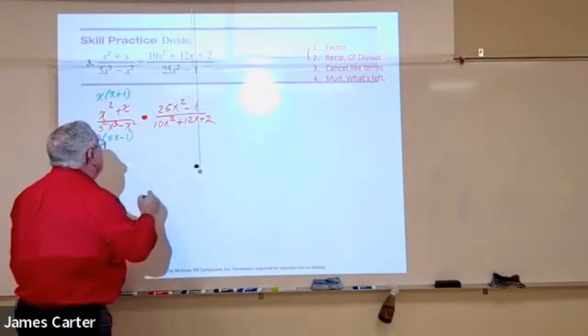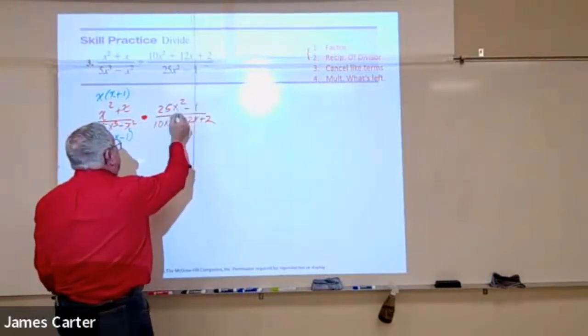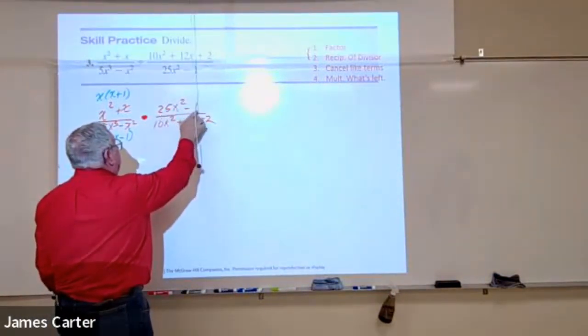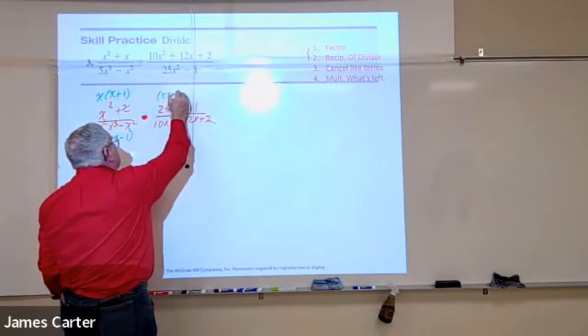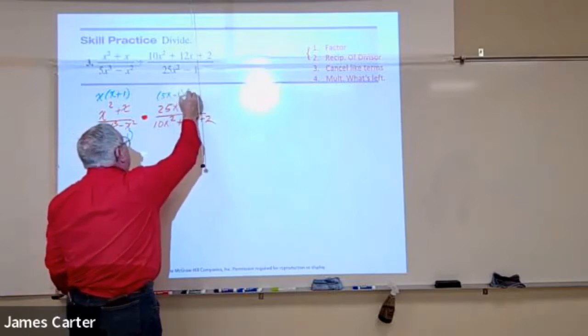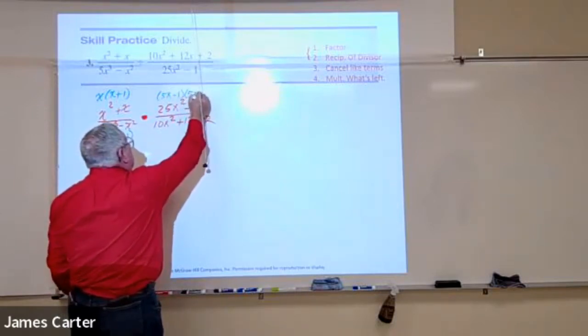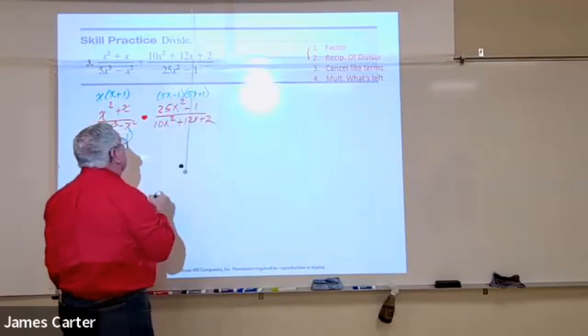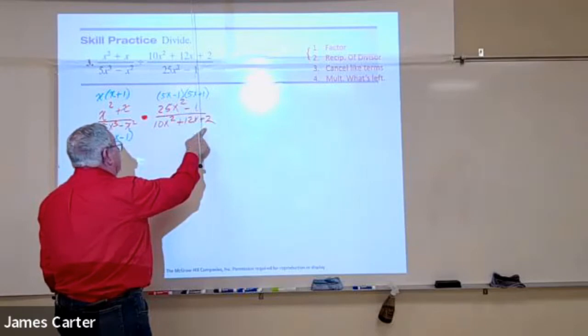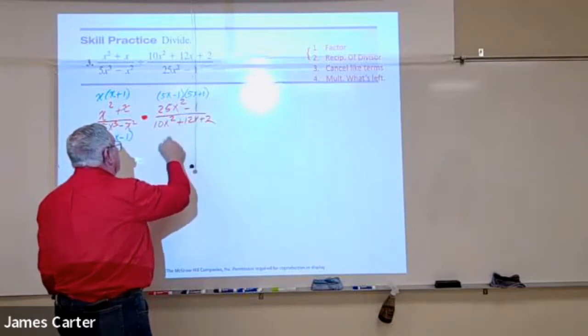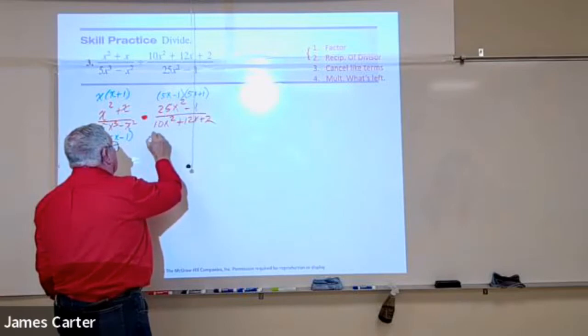This is a conjugate pair, perfect square on the front, perfect square on the back, minus in the middle. So this is 5x minus 1 times 5x plus 1. And this one, I don't know if I can factor it or not. 10x plus 2 and then x plus 1.